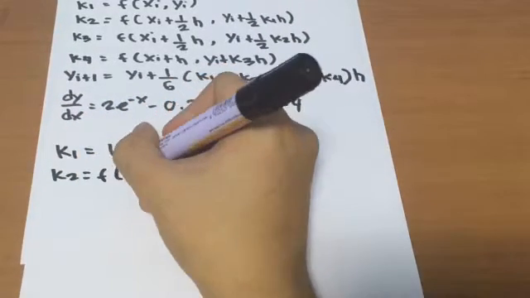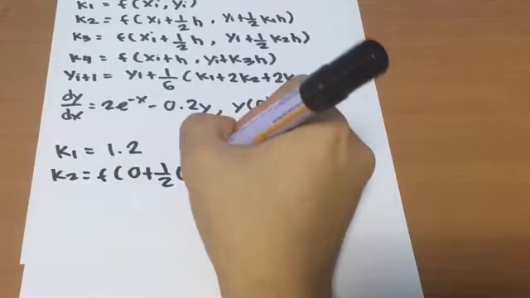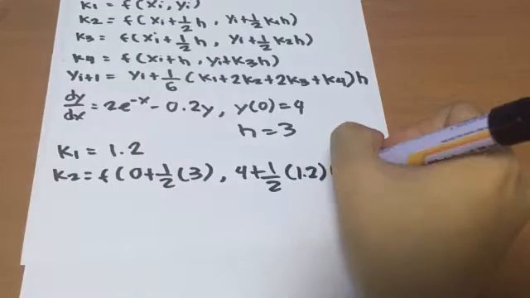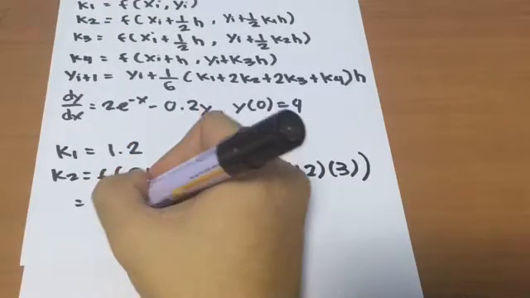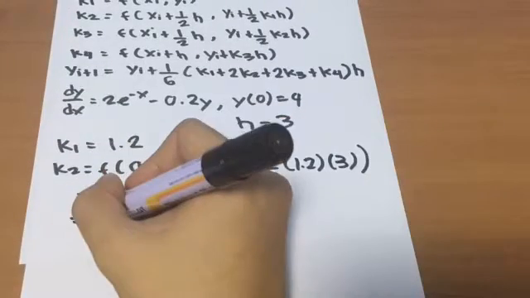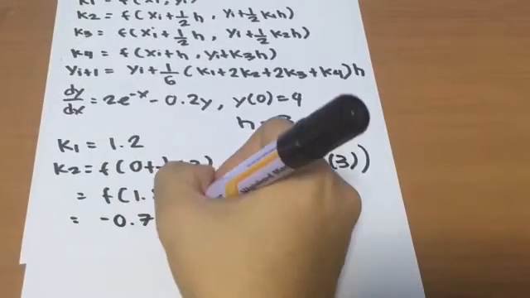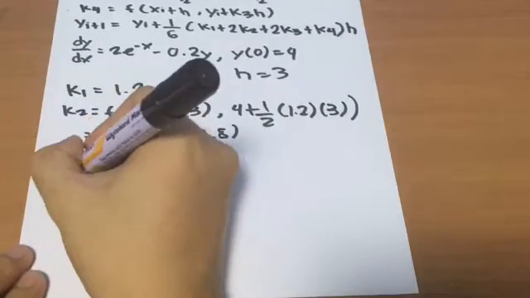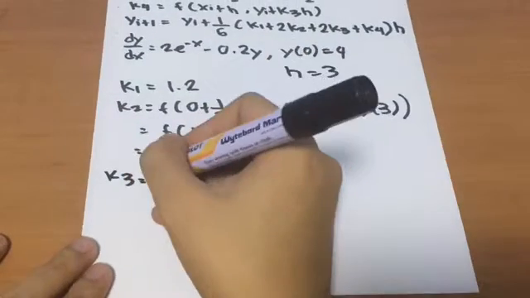Okay, so we have our k1 still 1.2, and our k2 would be the function of 0 plus 1/2 times 3 and 4 plus 1/2 times our k1 and our step size 3. The function of 1.5 and the function of 5.8 gave the answer of negative 0.7137.